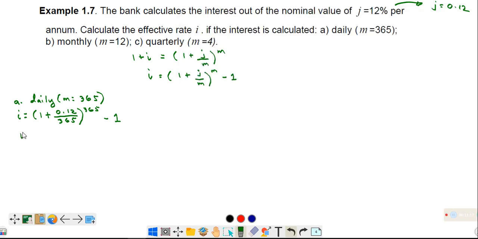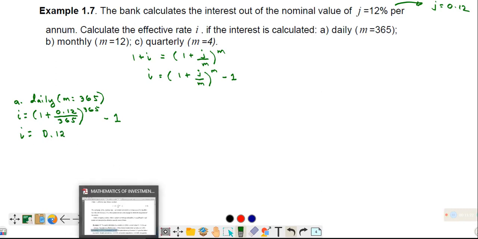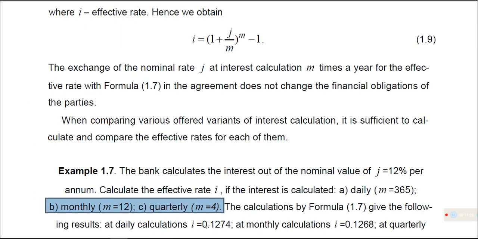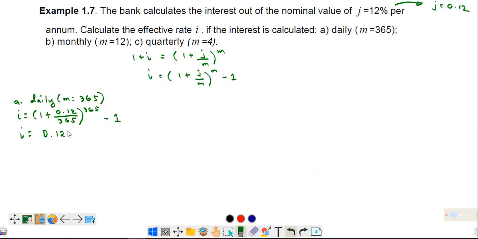So our I here is 0.1274. Same as our answer in the book. So 0.1274. So this is for A.